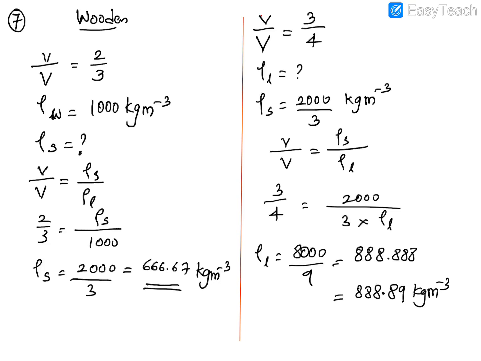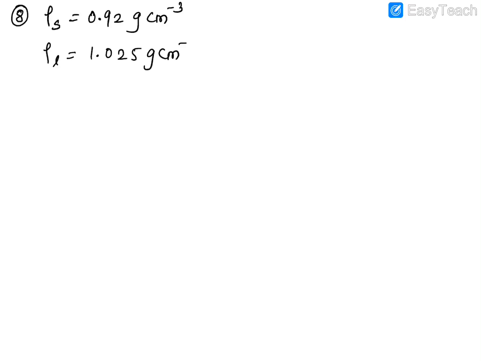Okay. Then next, problem number 8. The problem is easy, only the calculations are tougher. You're given that the density of a solid, that is ice, is 0.92 gram per centimeter cube, and the density of the liquid is 1.025 gram per centimeter cube.